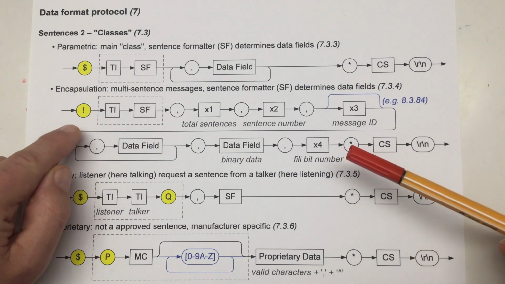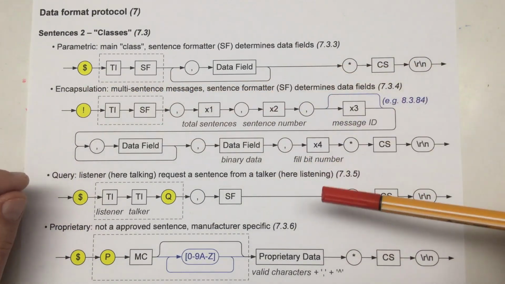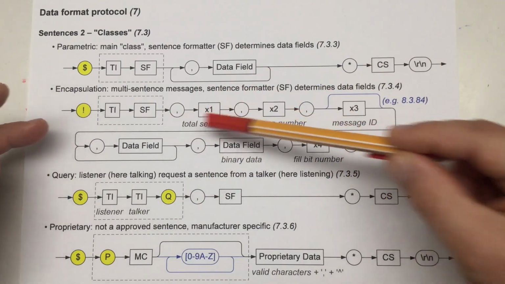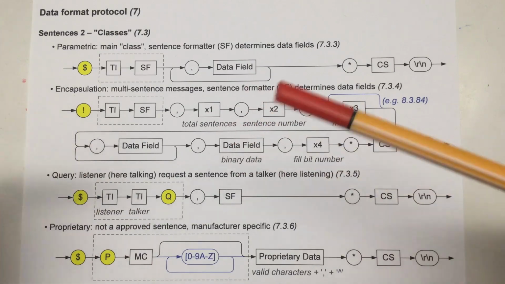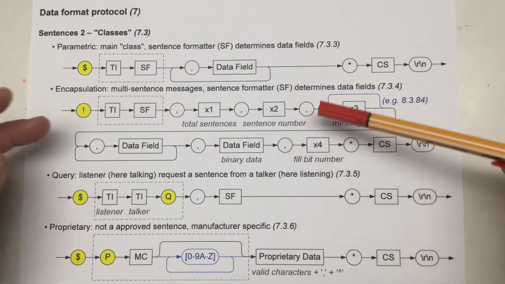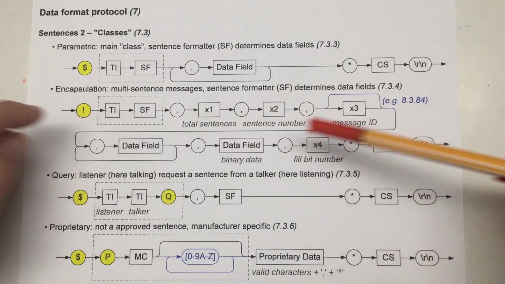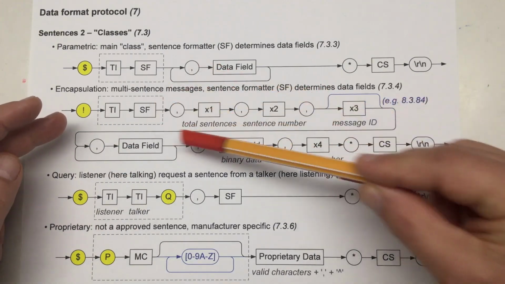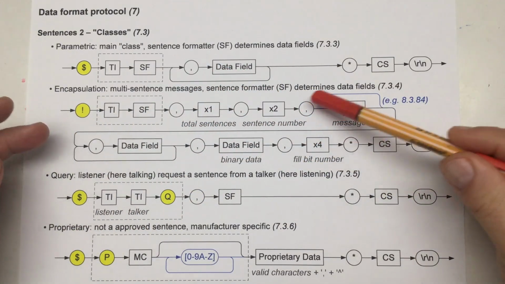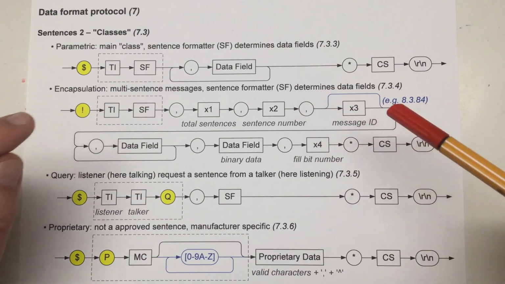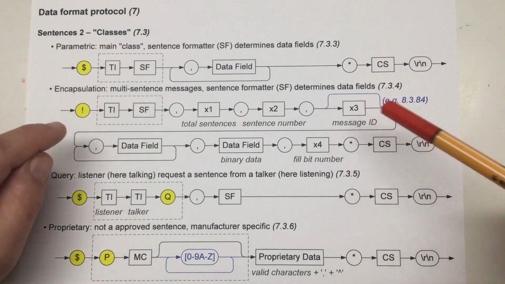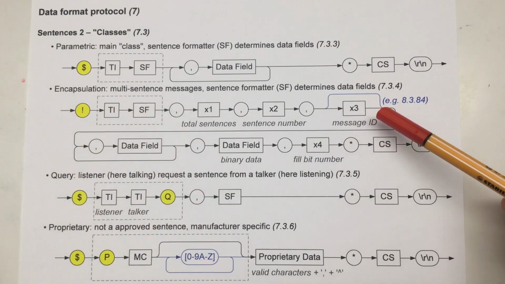They start with an exclamation mark followed by an approved address field, and then after a comma comes a field x1, which gives you the total number of sentences inside that multi-sentence message. After another comma we have a field x2, which gives you the sequential number of that message within all the messages that make up that multi-sentence message. After another comma follows the field x3, which together with our address field makes up a unique identifier for the whole multi-sentence message.